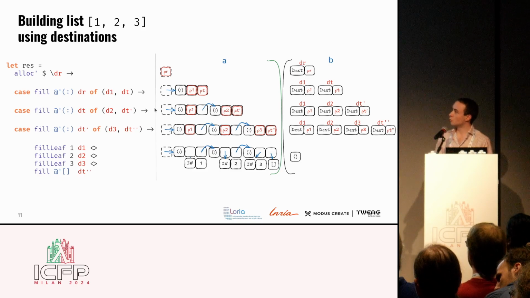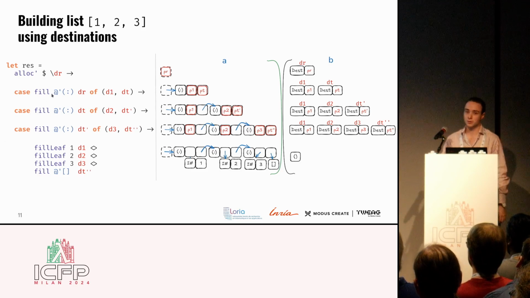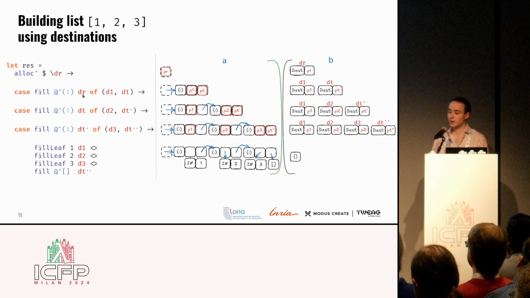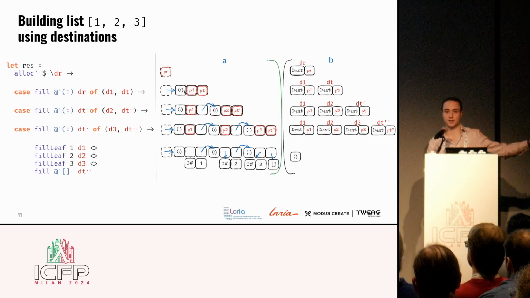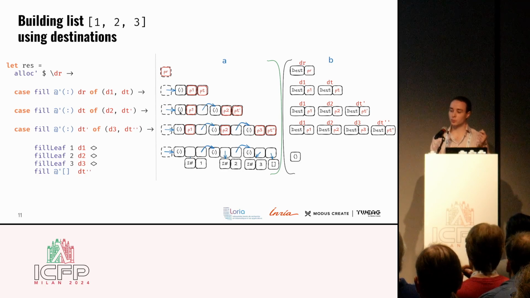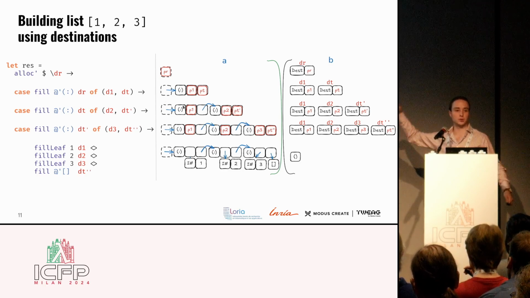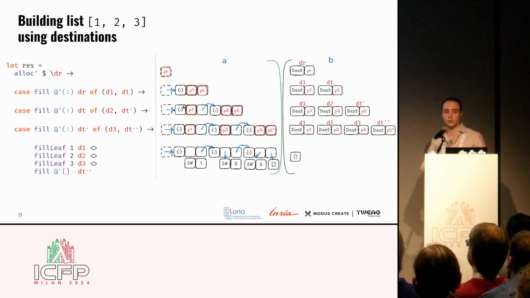So first, we call the fill@cons API function, passing it the destination dr. What it will do is allocate a shallow cons cell on the A side and plug it into the hole pointed to by dr. And then we get two new destinations pointing to the new holes inside the structure on the A side.